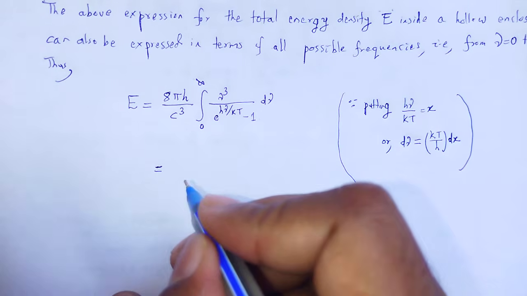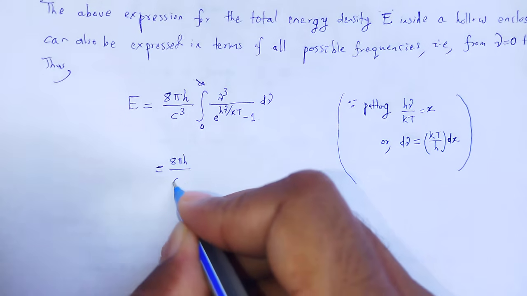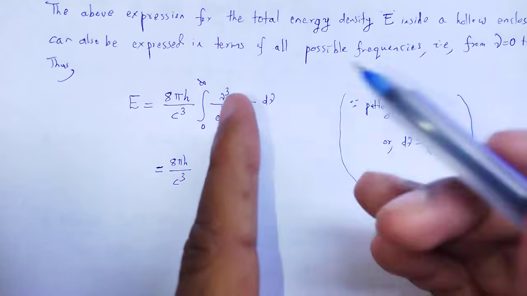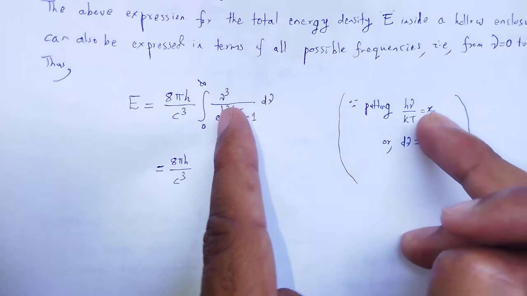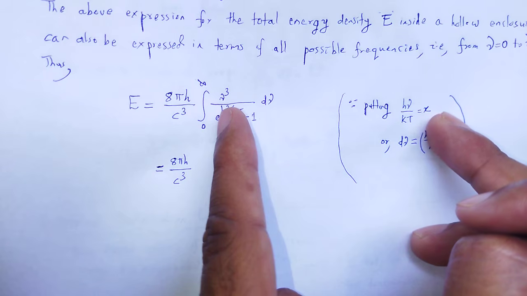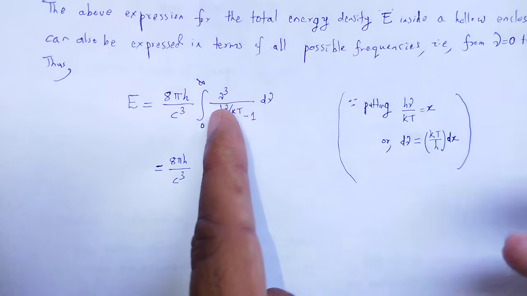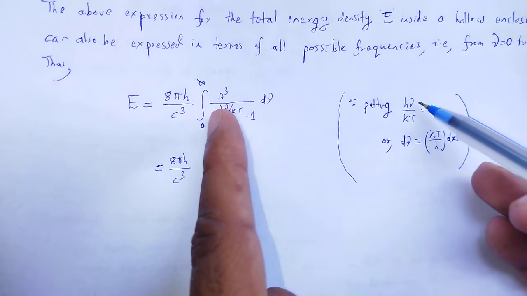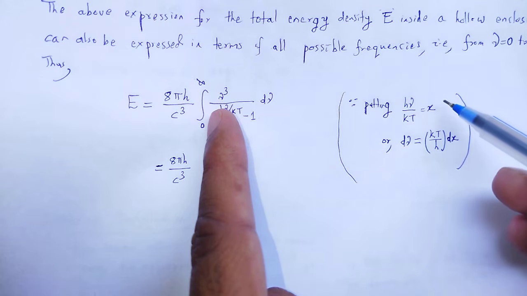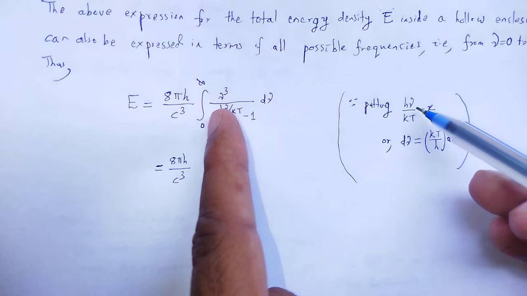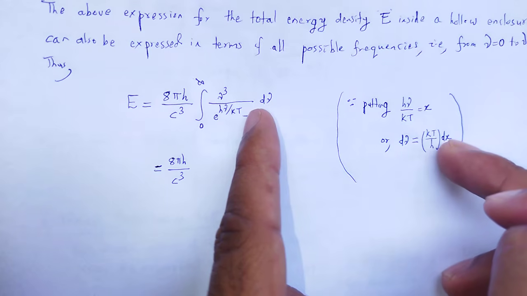Now, the expression can be transformed: 8 pi h by c cube, in place of nu, that is x k t divided by h, means x into k t by h, cubed. Again, in place of d nu, k t by h dx.